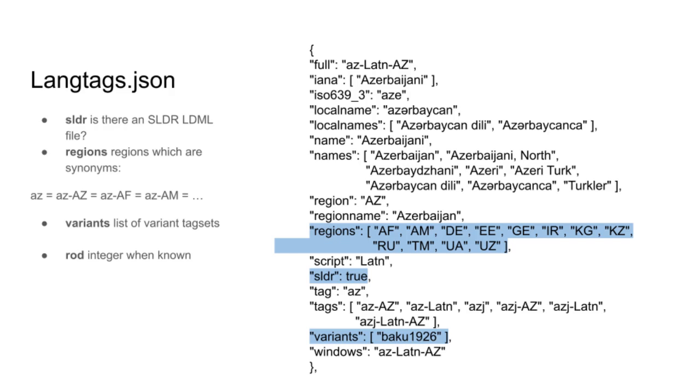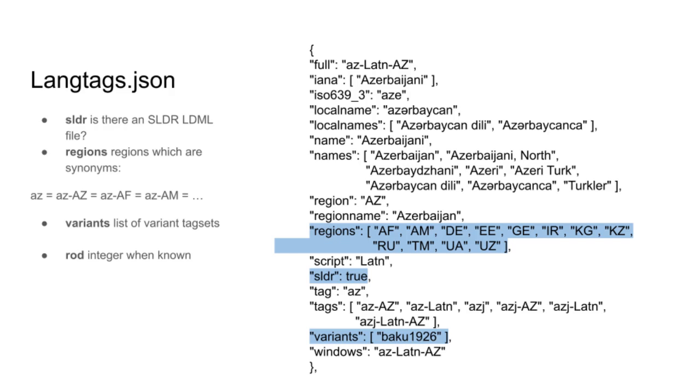There's also a little flag that tells you whether there's an LDML file in the SLDR in case you need that information. And then there's this catch-all thing called variants. What this says is that for Azerbaijani, there's another tag set, completely separate, which is AZ-Baku 1926.